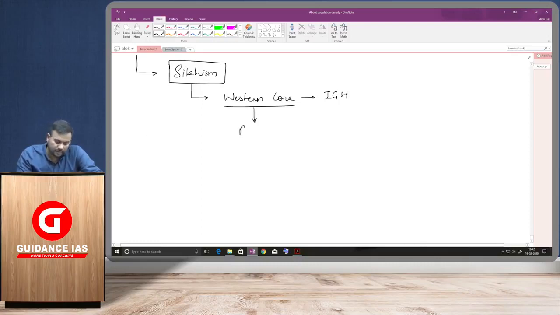It also originated as a reform movement within Hinduism. And it is based upon what? Teachings of several gurus, Sikh gurus, not one but many. So it originated as a reform movement.